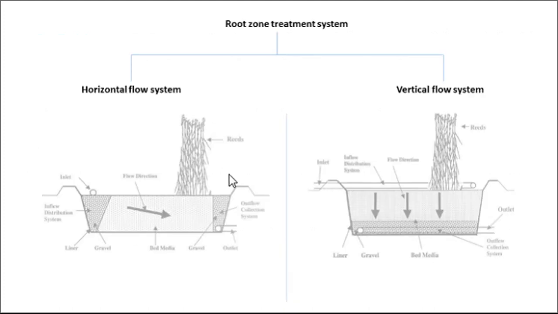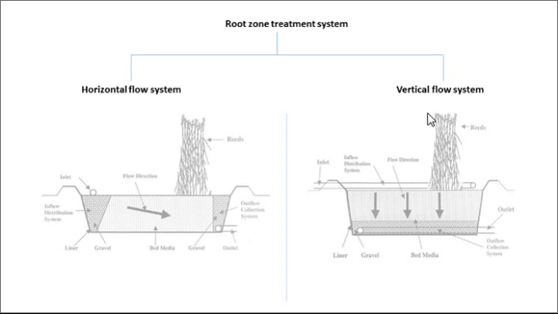These are the two figures which show horizontal and vertical sewage flow. Here the wastewater is applied through this pipe and flows horizontally, and finally reaches the bottom through which it is taken out.